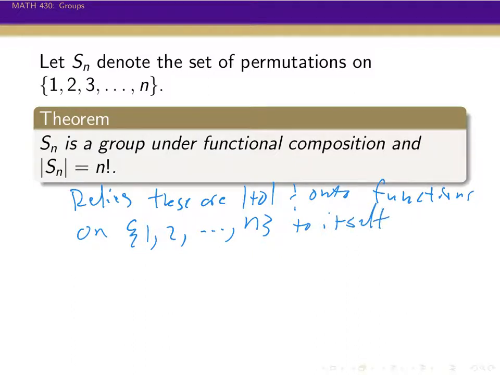And when you compose 1 to 1 and onto functions, you end up with more 1 to 1 and onto functions. And so composing 1 to 1 and onto functions gives you new 1 to 1 and onto functions. And so this gives us closure.